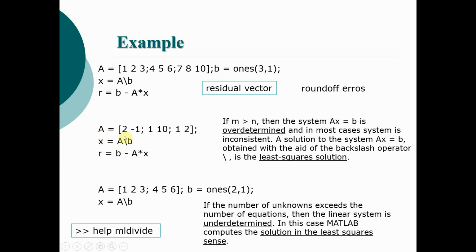In this case, this is an approximate solution because this system has no exact solution. For this one, we found that it has infinite number of solutions, and this method would give us only one of them, the one that is a solution in the least square sense, where the residual vector is minimized.